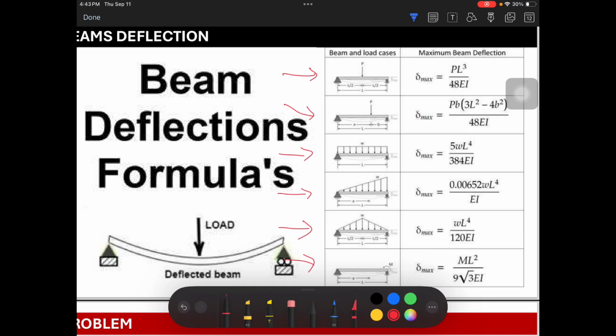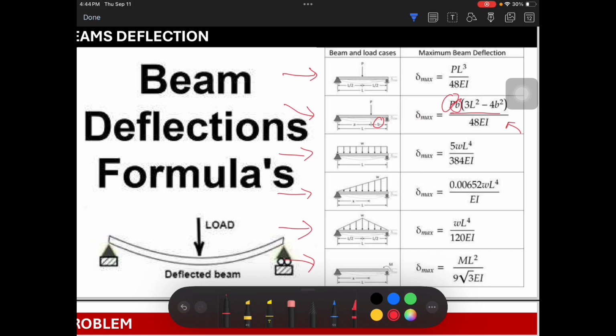formula, wherein you have length 1, or A, that is the distance of the load from the left support, and B is the distance of your load to the right support. And then correctly apply this formula. P, the concentrated load, multiplied by the B distance, and so on.